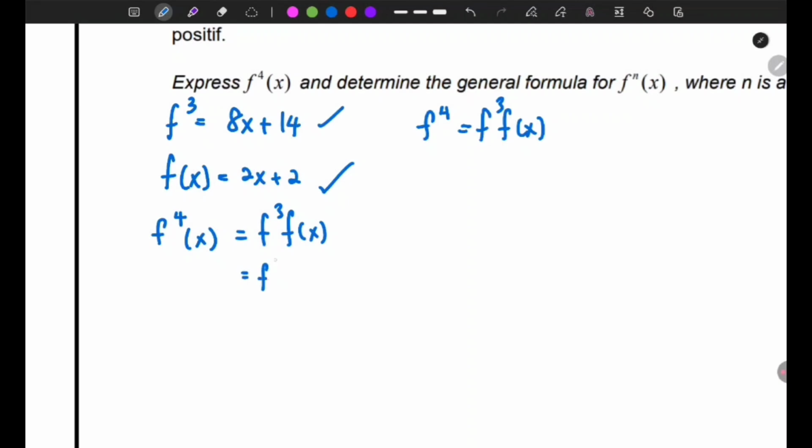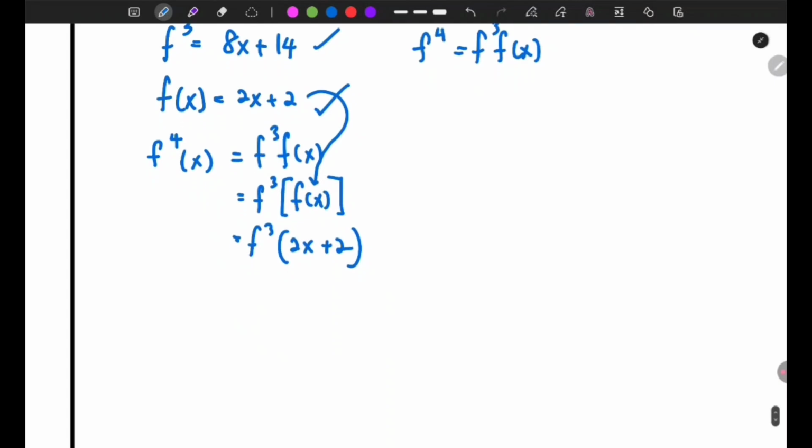So first thing, you expand them. What is our f(x)? This thing, right? Substitute. And what's our f cubed? This is our f cubed of x.